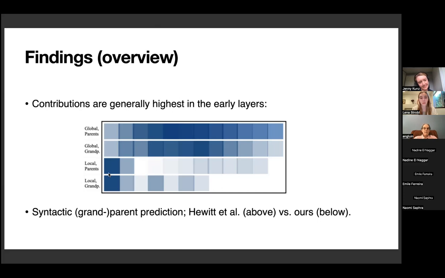Well, in the latter 2 lines here, local, we see that the local metrics are maximized in the very first layer. So yeah, the earlier the layer, the more important the local contribution of this layer is. So even though you have most overall information in the middle layers, the very first layers have a far more important gain, far higher gain.